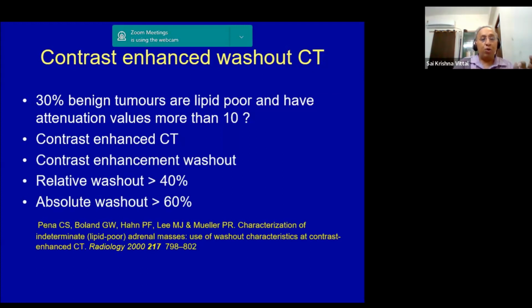In benign tumors, you have a relative washout more than 40% and an absolute washout more than 60%. Your radiologist will calculate all this for you. With this, you usually have a sensitivity of 87% and a specificity of 94% for benign tumors.